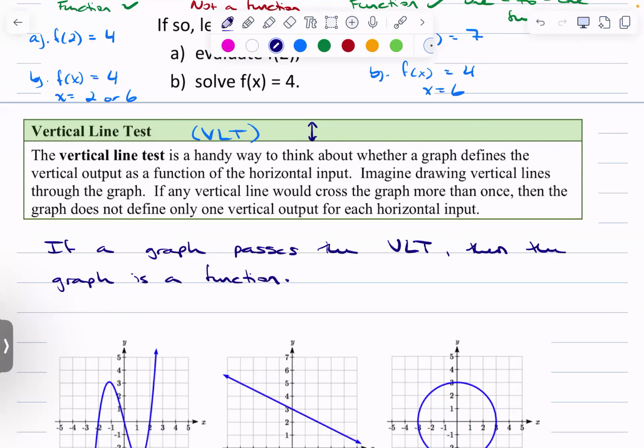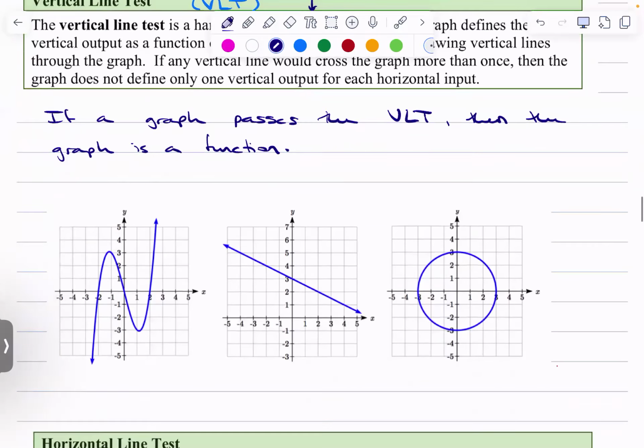And so a vertical line looks like this. And what you're going to do is you're going to imagine a vertical line slicing at every point of the graph. And if it ever hits multiple points in the graph, it's not a function, right? Because as we saw in the circle, right, then you get two outputs, right? But we have to have just one input.